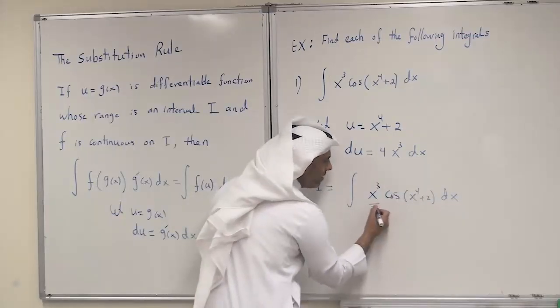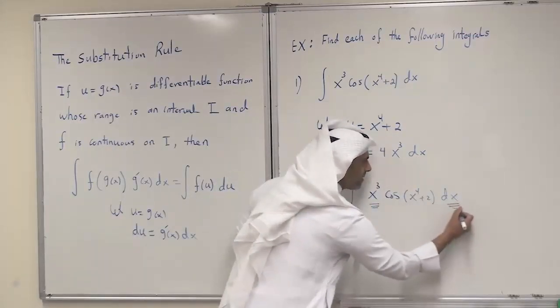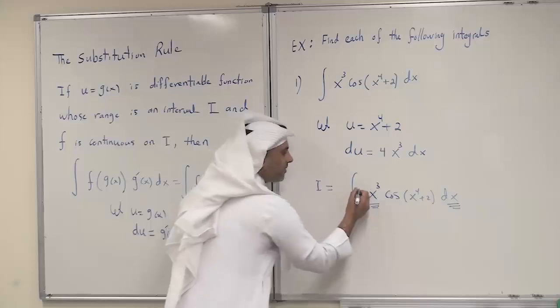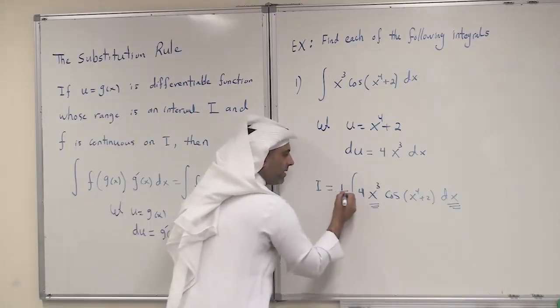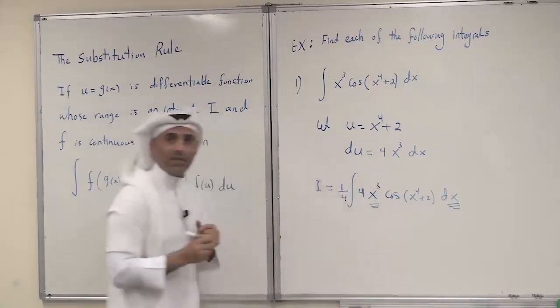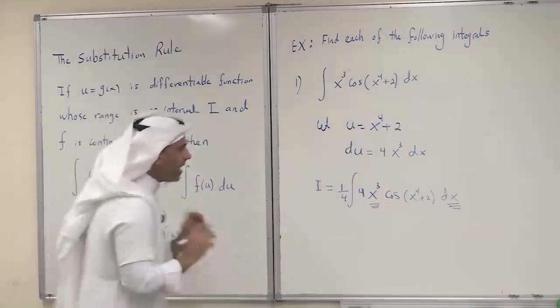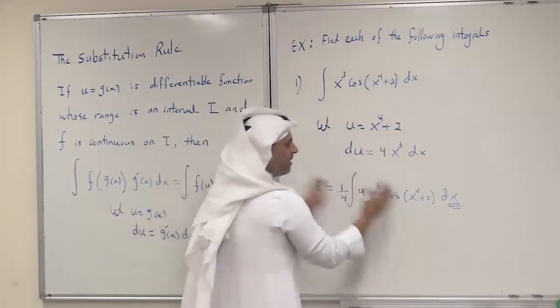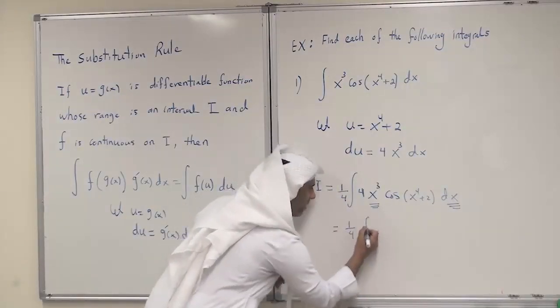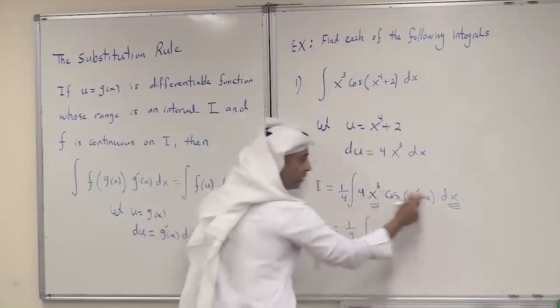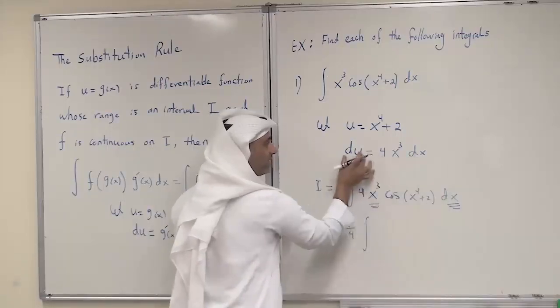I have x cubed and dx here. What is missing? Only the number 4, but I can always multiply by a constant and divide by the same constant if that constant is not equal to 0. I am ready now to convert the integral into another form, equal to 1 over 4 times the integral of, look, 4x cubed dx, which is nothing but du.